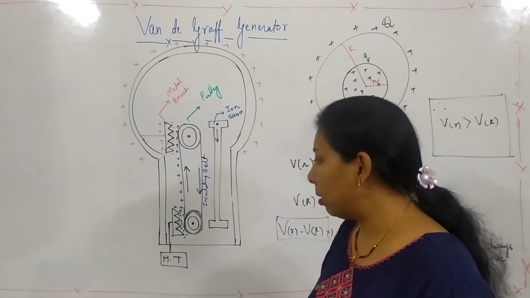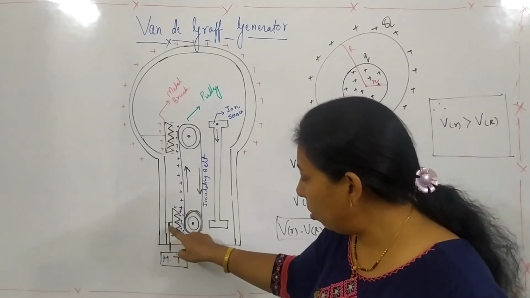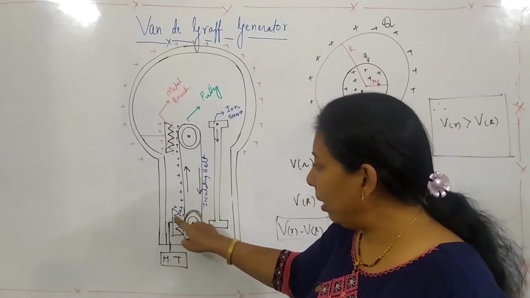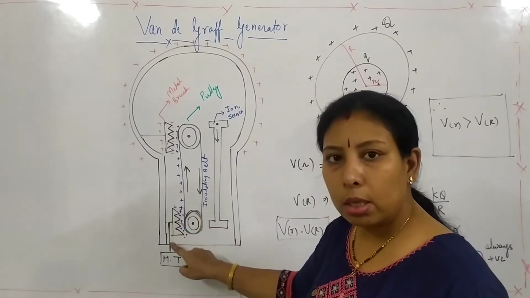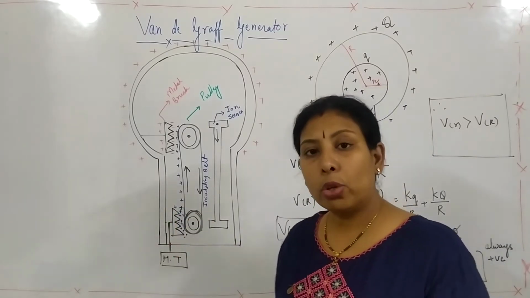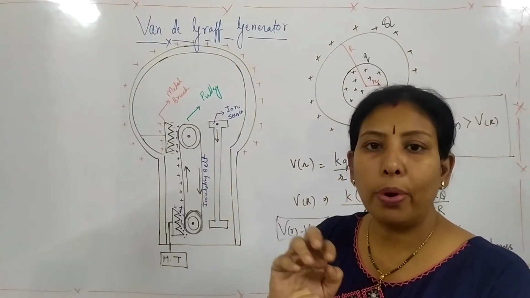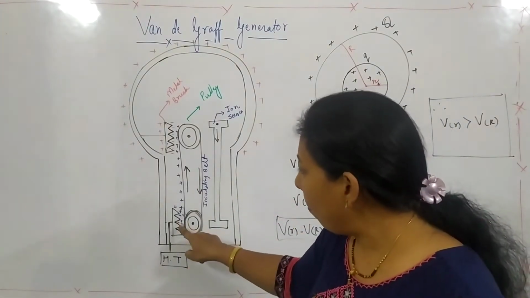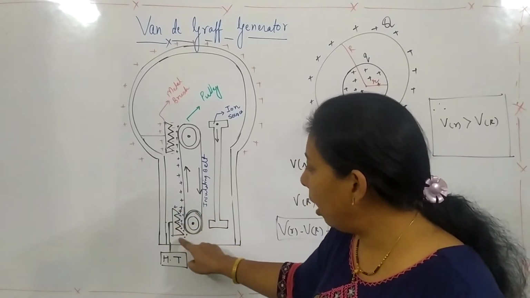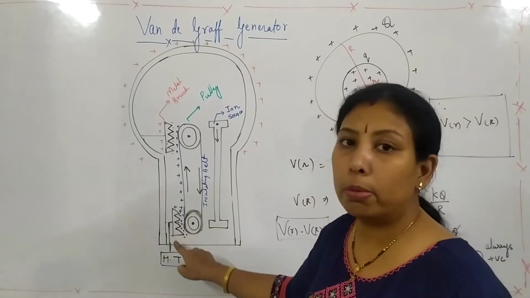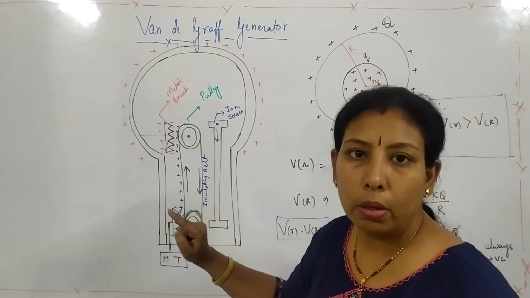Okay, see what happens. Now this high tension battery provides a high charge on this metal brush, and as corona discharge says, the discharge of charge from the sharp points will be very high. So what happens? A lot of charge is being discharged from these sharp points of this metal brush or metal comb, right?